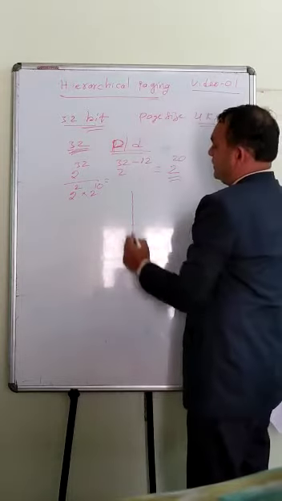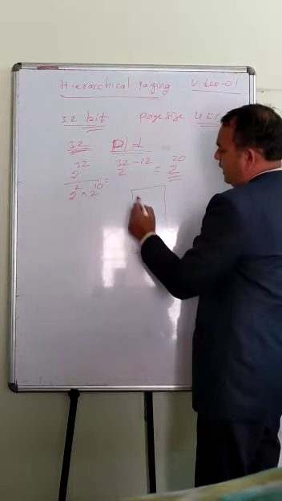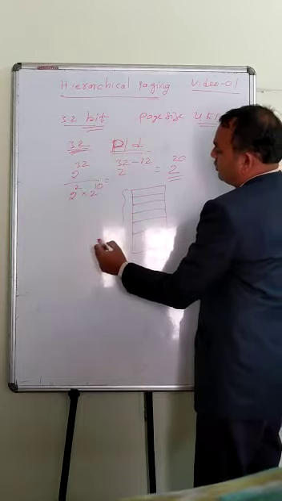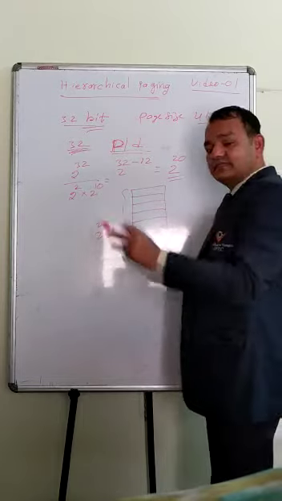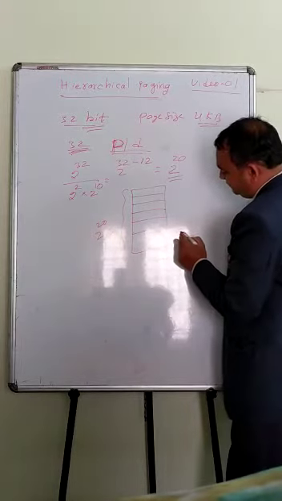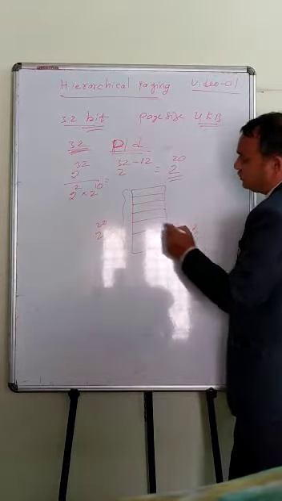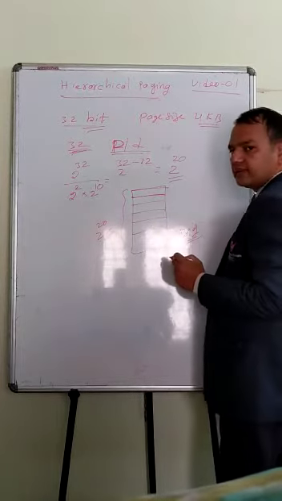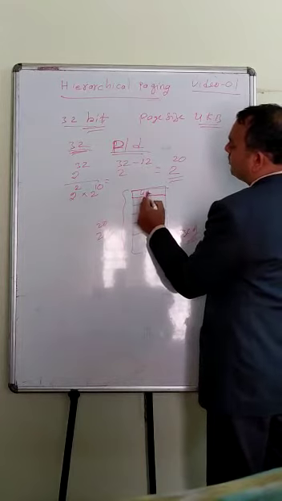Now this is the table. How many entries, my dear friends? These entries are 2 power 20 entries. Then what is the size of this page table? Suppose each entry needs 4 bytes.